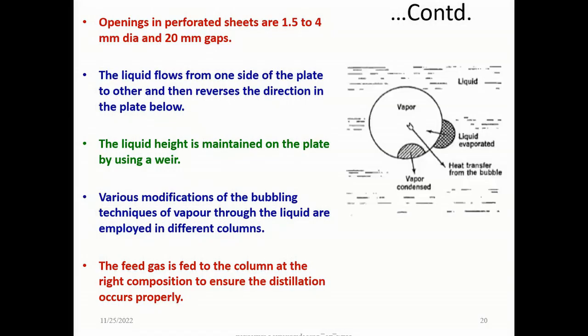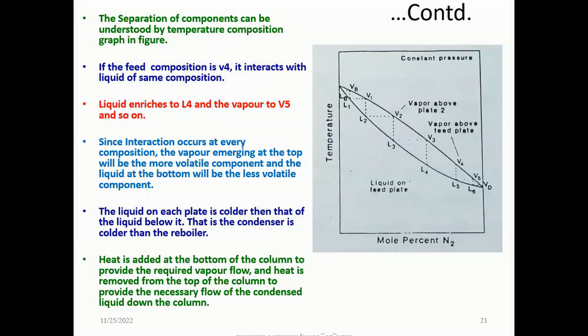Now, the separation of components can be understood by the temperature composition diagram shown here. Let us assume the feed composition is at V4, where the vapor is fed at V4. It interacts with the liquid at the same composition, and what happens is V4 now enriches to L4.